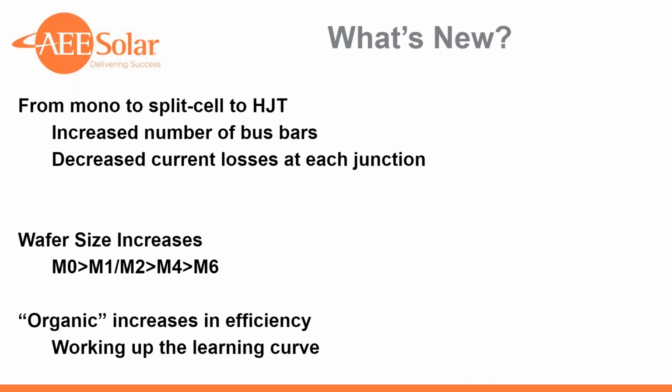And then finally, organic increases in efficiency. And I say organic, and that's not to demean the work of all those smart scientists and engineers that work for module manufacturers. There's a lot of hard science that goes into this, but we've come to take for granted that every technology out there eventually, those normal distribution curves of how a given module technology breaks up into different watt classes, over time, they just start skewing to the right.